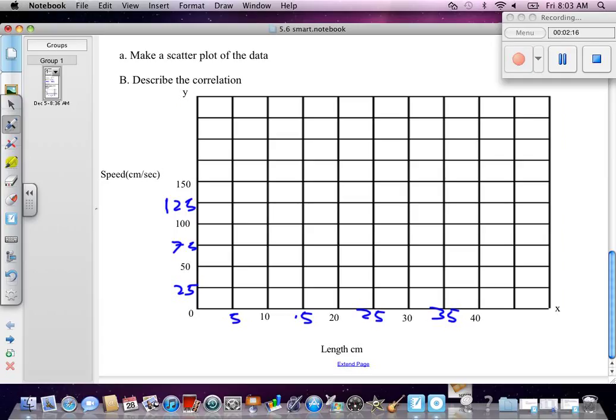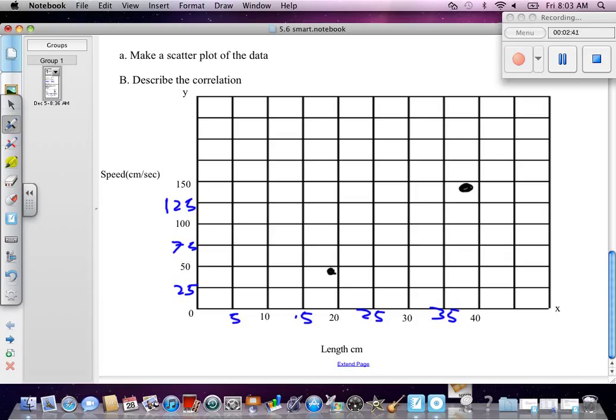The bottom is the length, the top is the speed. So when the length is 37.8, we go to 148. Here's 35, so 37.8 is between, and I go up almost all the way to 150. When the length is 19.2, so just under 20, the speed is 47, so just under 50.